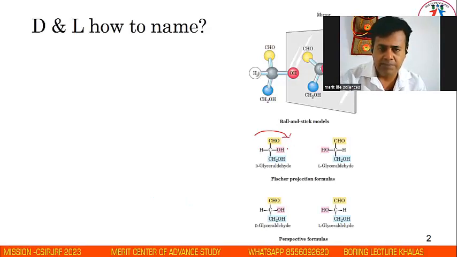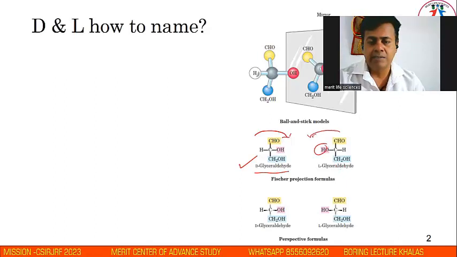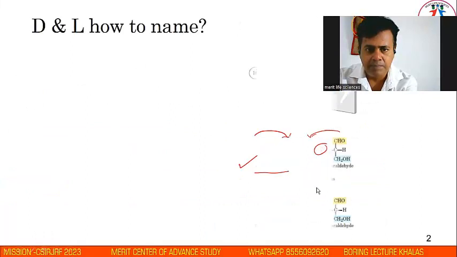This is the right hand, so you name it D-glyceraldehyde. And L is when it is anti-clockwise. Clockwise, anti-clockwise, you can learn better. So this is clear, I think, how to name L and D, because this nomenclature is very, very important.